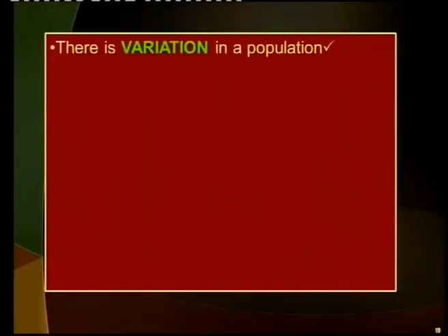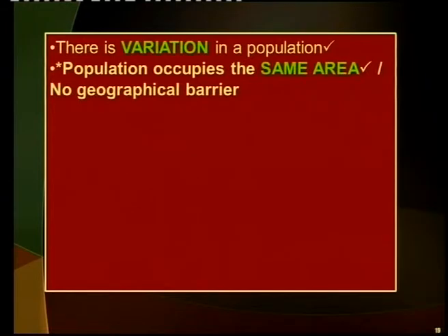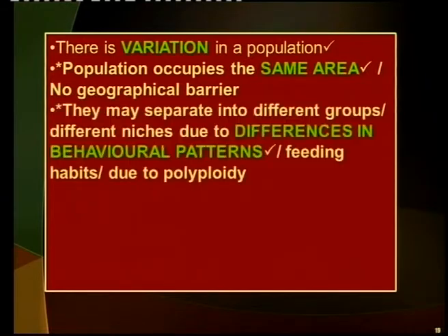If they should ask you on sympatric speciation, once again, you must mention there's variation within a population. Very important, they occupy the same area, there's no geographical barrier. Then, why do they become separated? Because of their differences.